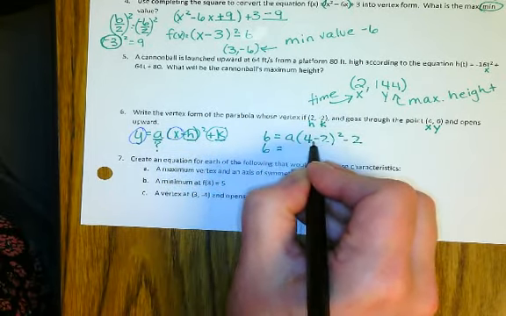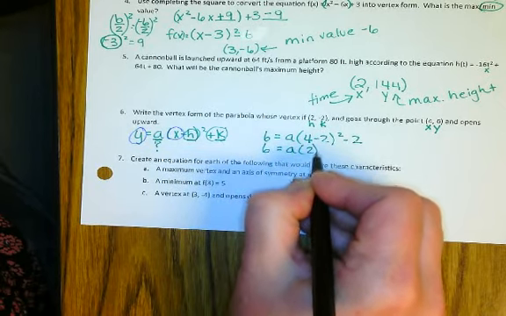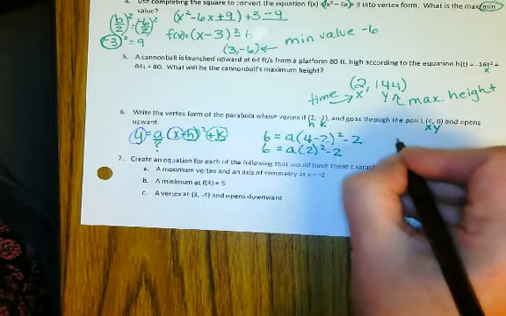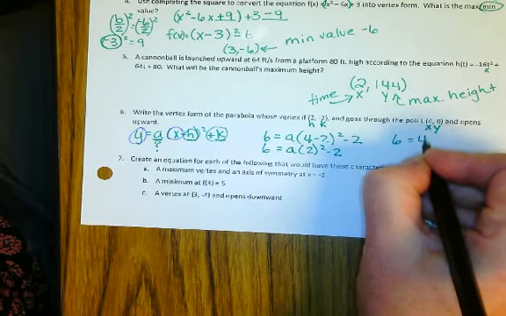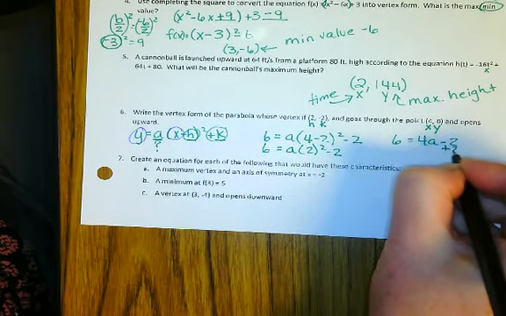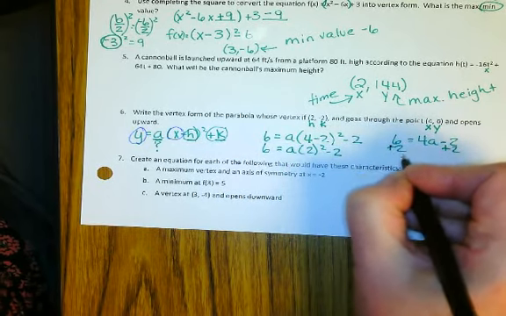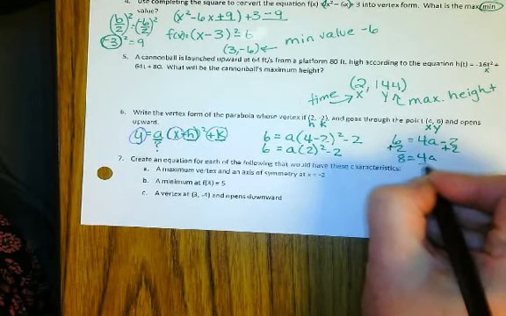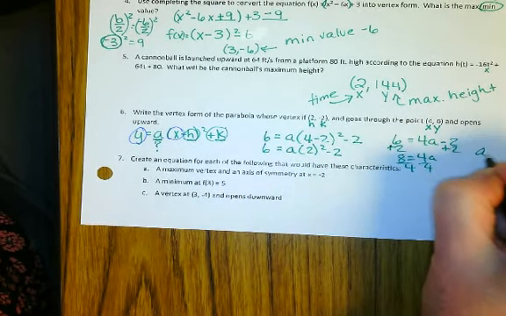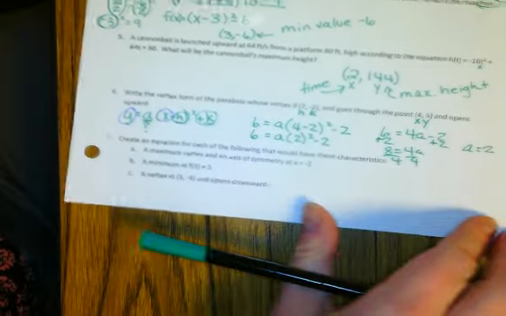And if I start working that out, I get A times 2 squared minus 2. That gives me 6 equals 4A minus 2, and I'm just going to keep solving it. And I know that A equals 2.